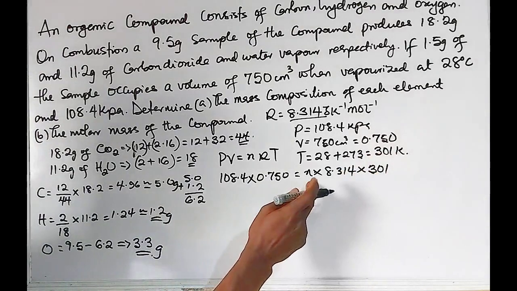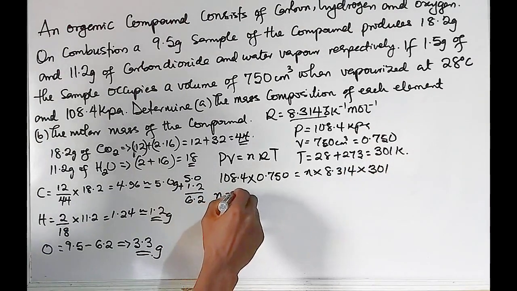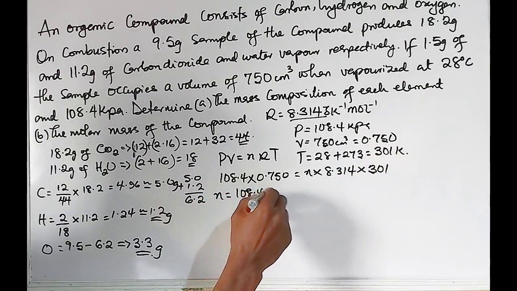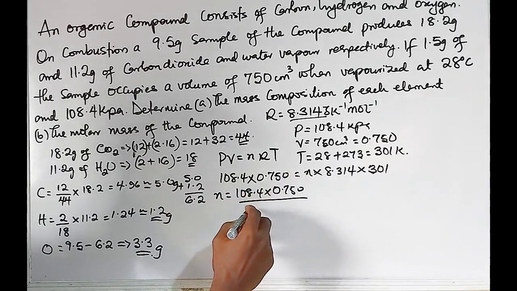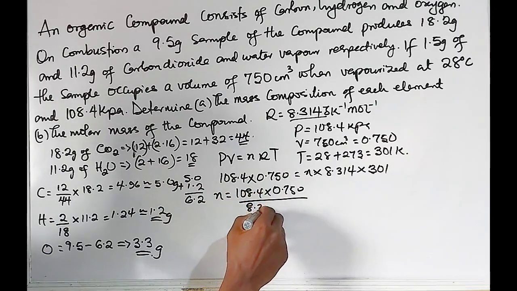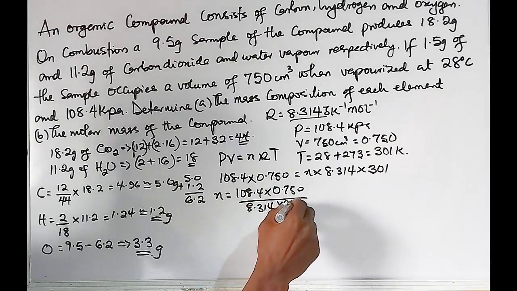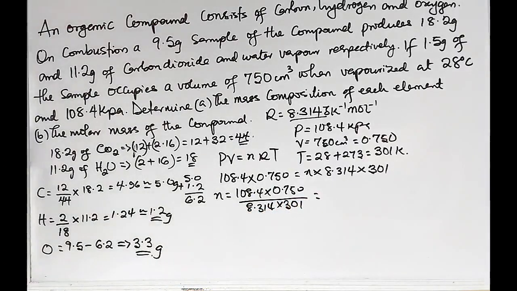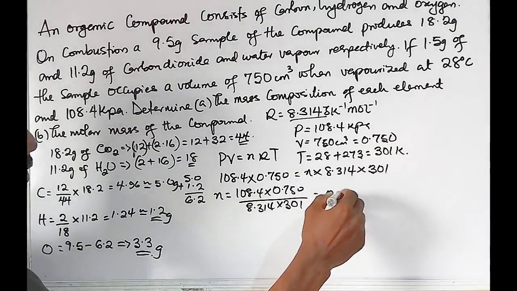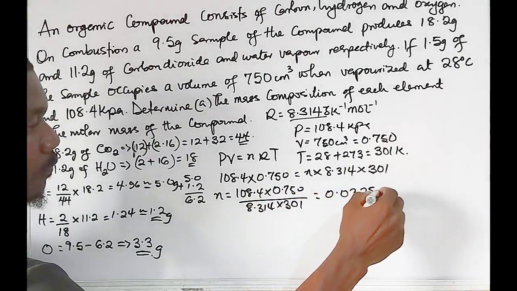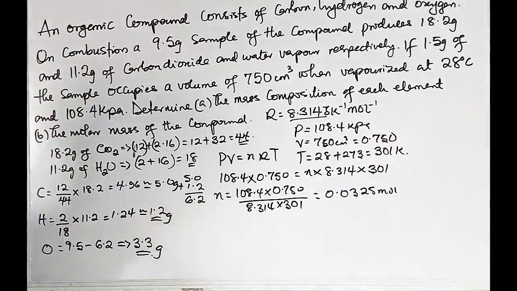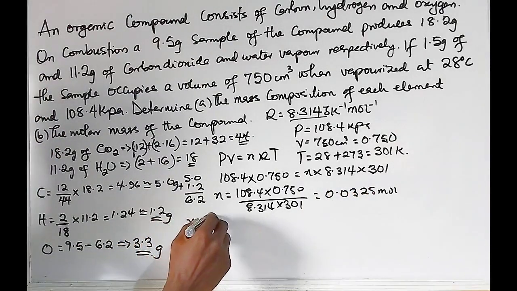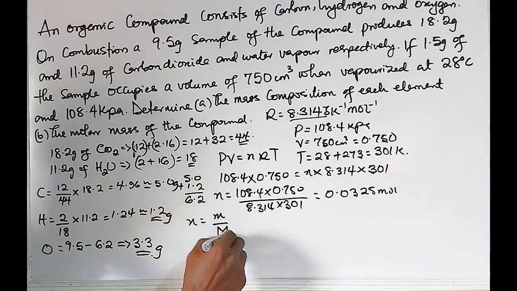So making n the subject of the relation, we have 108.4 times 0.750, over 8.314 times 301. Now punching our calculator here, we have 0.0325 moles, right?